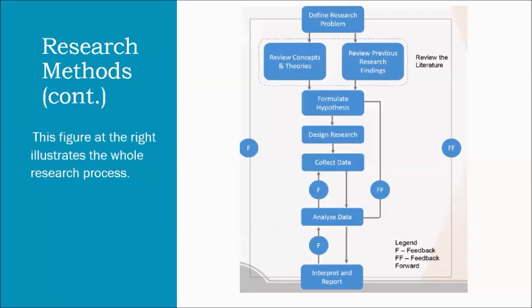Ibig sabihin, para makagawa ka ng isang payroll system, you have to check on other related literature or studies. So that's why maghahanap ka, ano ba yung mga nagawa ng mga payroll system? Ano ba yung mga features nila? Para pag ginawa mo yung payroll system na gusto mo din, magbe-base ka doon. Okay, etong payroll system ko dapat makapag-generate siya ng payslip, makapag-compute ng deductions, makapag-generate ng salary ledger.